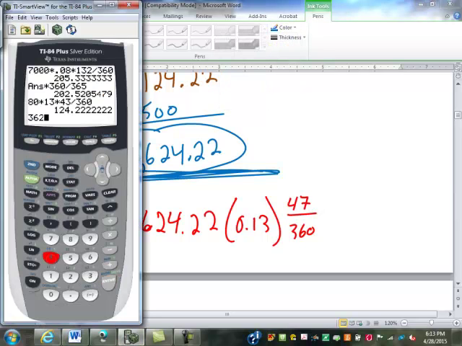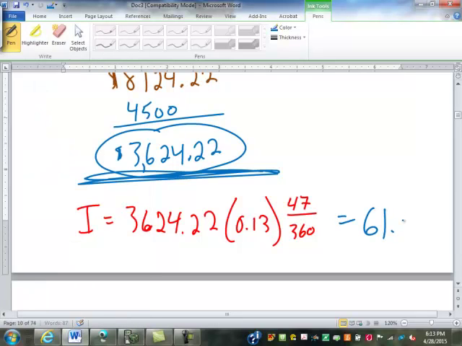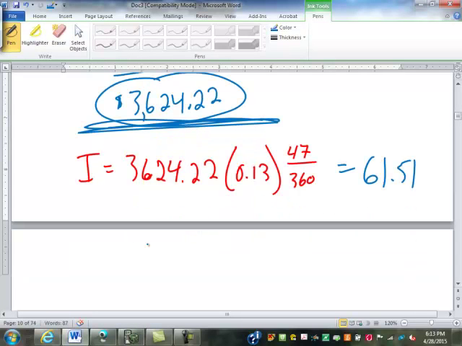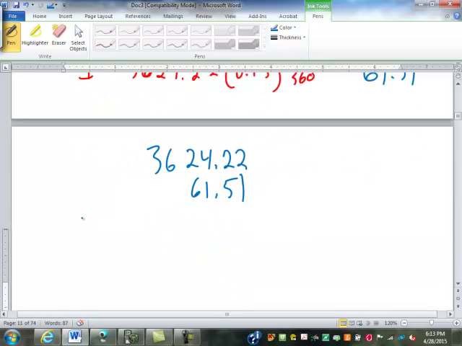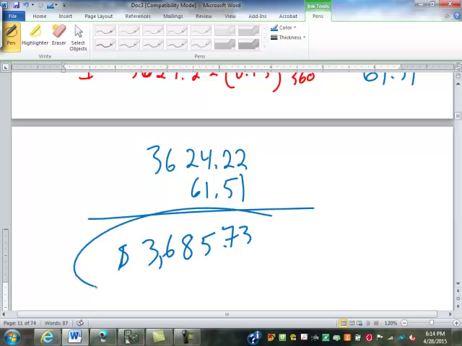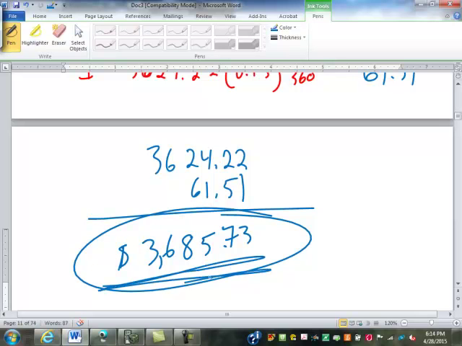So 3624.22 times 0.13 times 47 divided by 360. $61.51. So 3624.22 plus 61.51. $3,685.73 is the balance due at maturity.